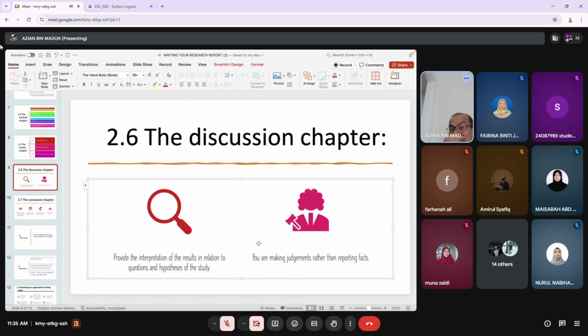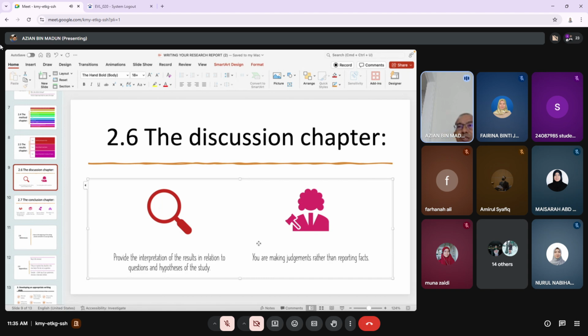You have to give an idea or suggestion why your data says this, unlike the other study. So you compare your results with past studies, and if the results are almost the same, you must explain why. If the results are different, you must also explain why. You cannot just say the results are the same and finish.